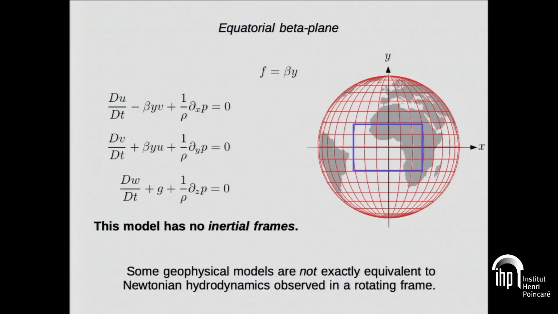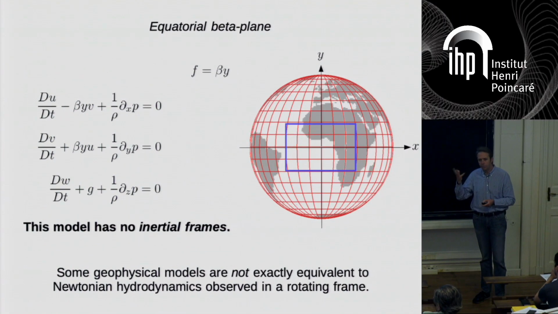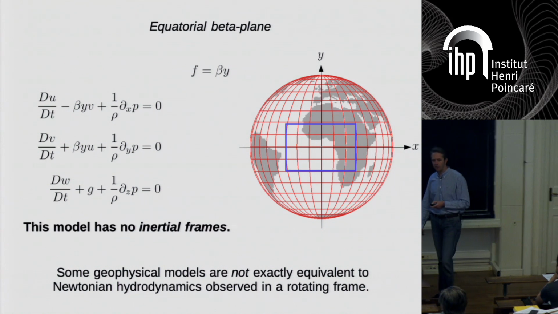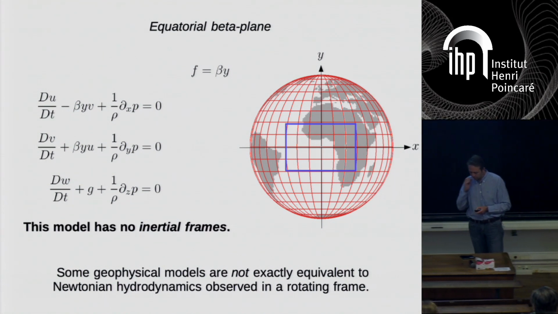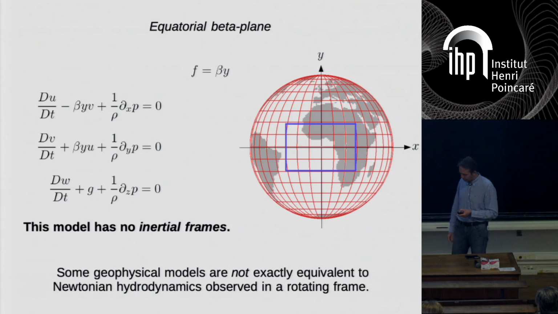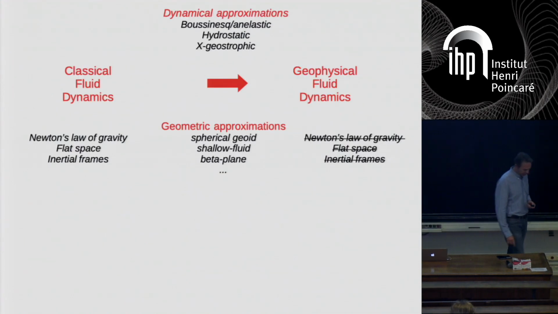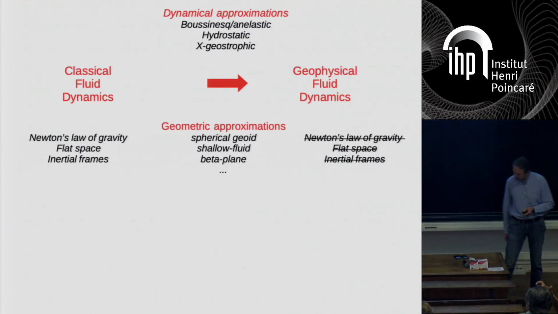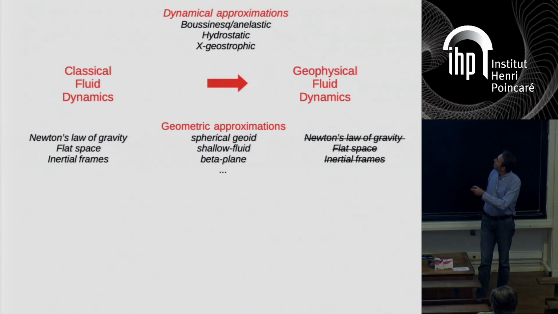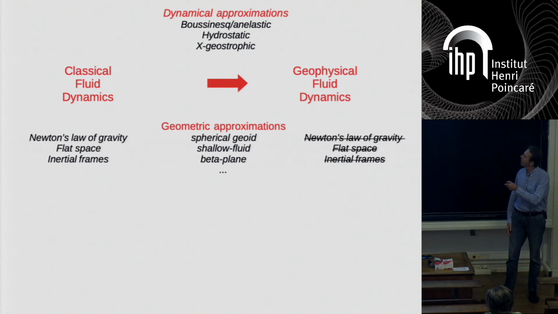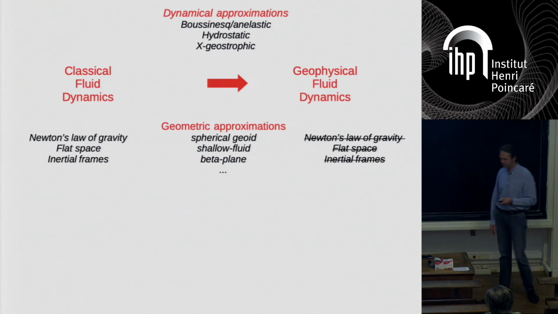So the conclusion is that some geophysical models are not exactly equivalent to Newtonian classical hydrodynamics observed in a rotating frame, right? So it's slightly different. So the emerging picture is like this. We came from classical fluid dynamics. We knew what we were doing. We thought we knew, right? We have Newton's law of gravity. So space is flat. We have inertial frames.